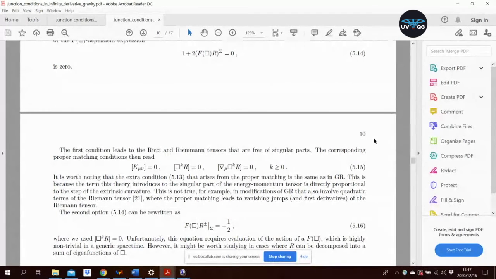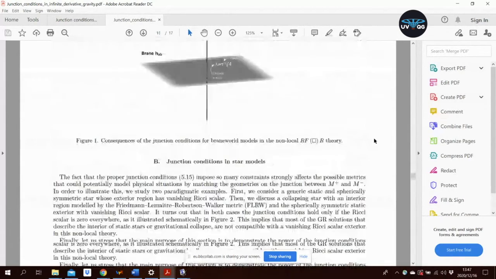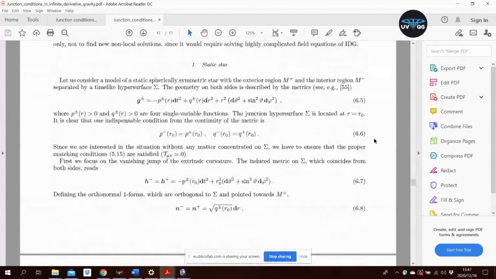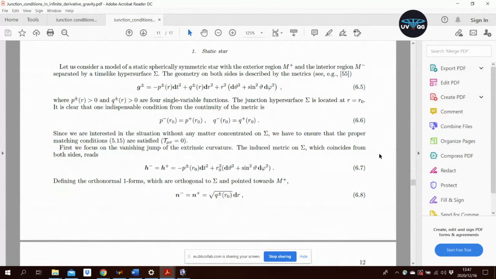So this is restricted to some kind of form factors. And the examples that we have considered are very simple and very restrictive, because we are not trying to find new solutions. The result of this paper is basically to give the junction conditions and explore a little bit their consequences, but not find new solutions based on these junction conditions.